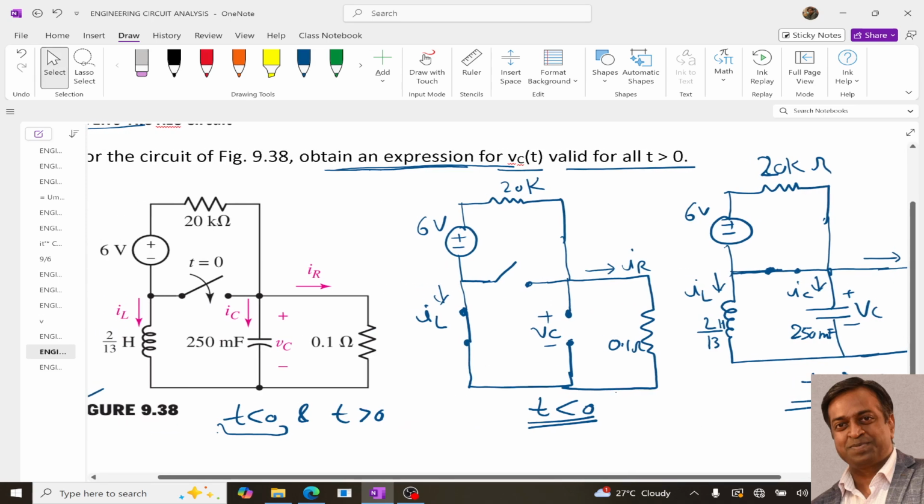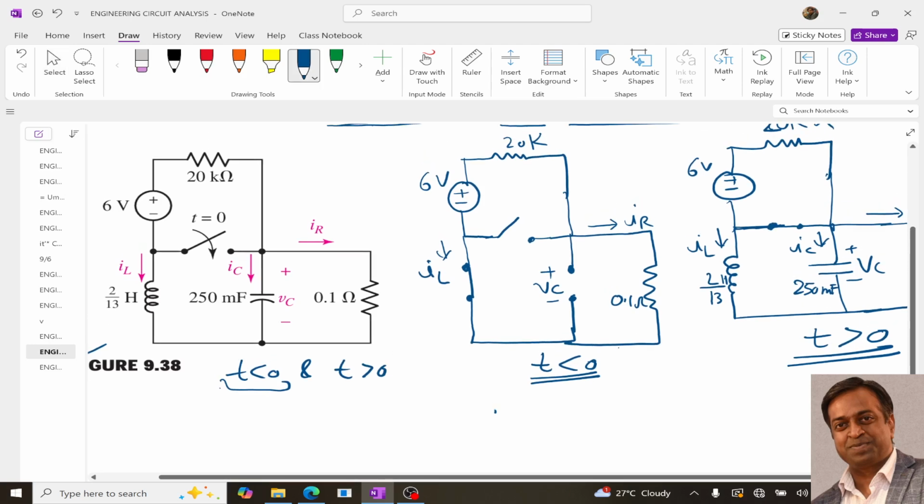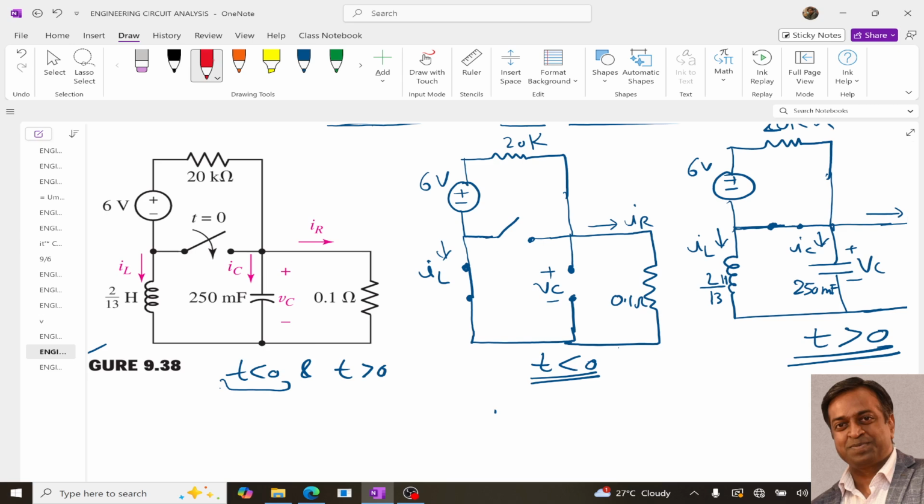Now if we look at t less than 0, you can see that just this part of the circuit is connected. All the elements are connected in series: we have two resistors, 20k and 0.1 ohm, and one voltage source.